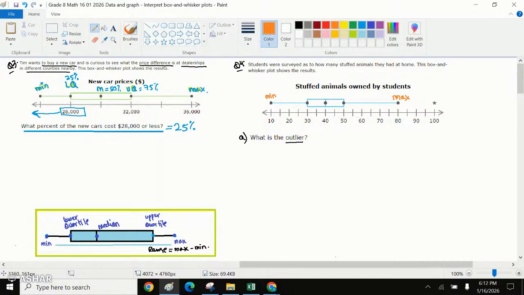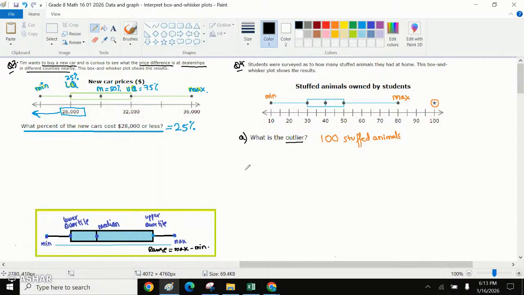So the maximum number of stuffed animals owned by a student would be 80. But one student said I had 100. So that student stands out, right? So in this case, the outlier would be 100 stuffed animals, because this is a value that is outside the box and whiskers.